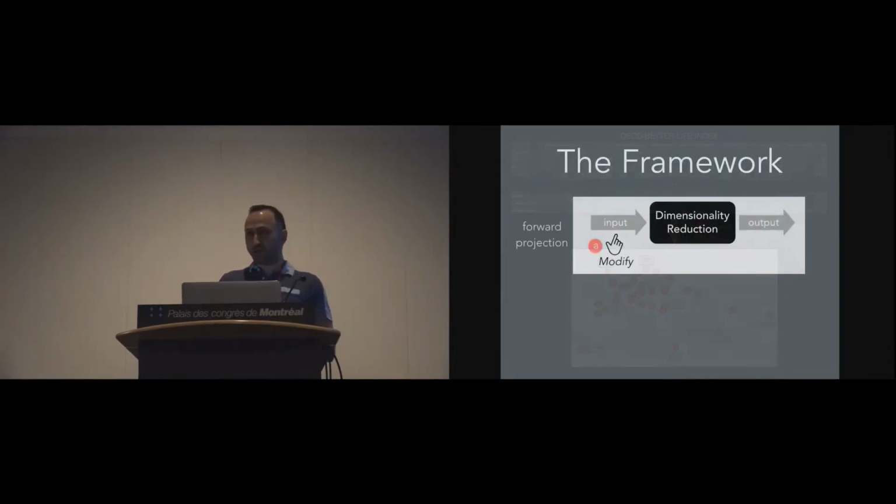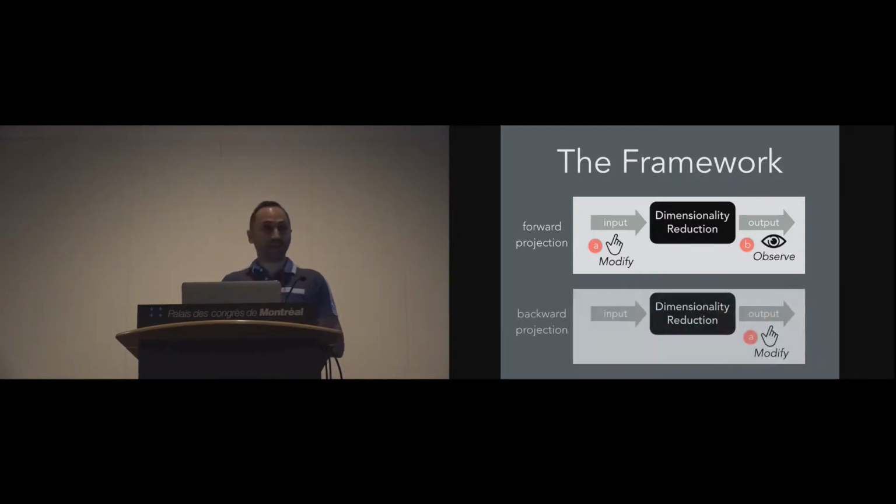Motivated by these questions, we propose an interaction framework with 2 interactions. The first one is forward projection. The idea is that the interaction should enable the user to change the input and dynamically observe how the output changes. So we are changing the input of the model, in this case dimensionality reduction, and seeing how the model output changes. The second interaction is backward projection.